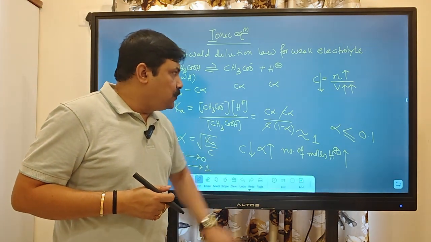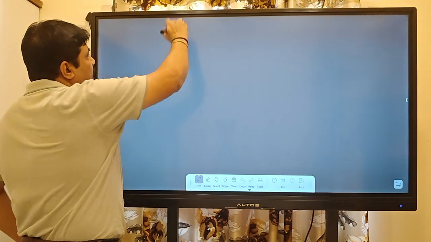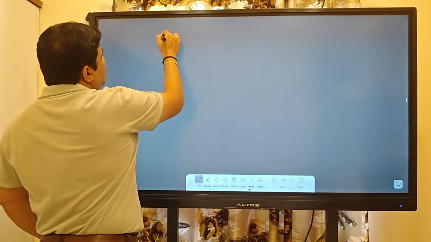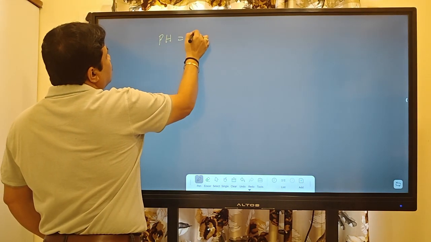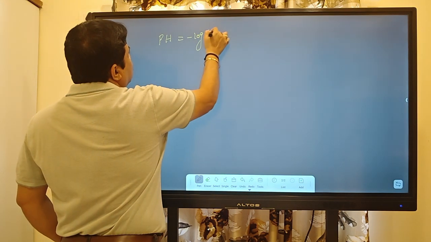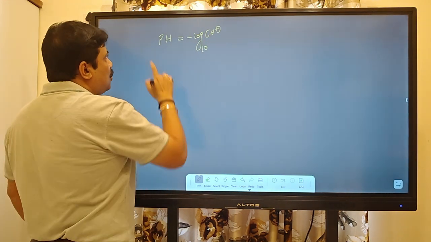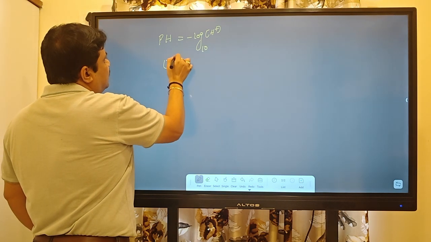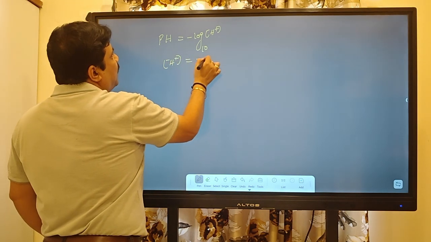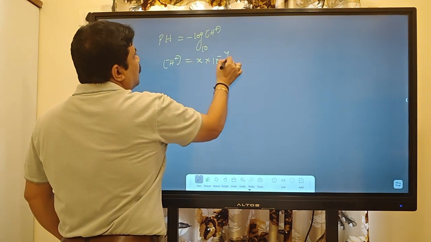Next, what you can do? You can go with pH calculations. I hope you know pH equals minus log of H plus concentration, base 10. These things you need to remember. Always take H plus concentration in this form, X into 10 power of minus Y molarity.